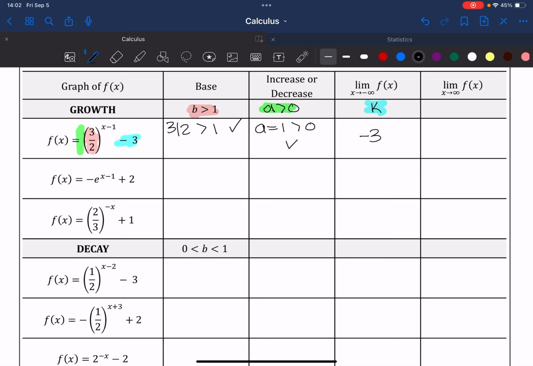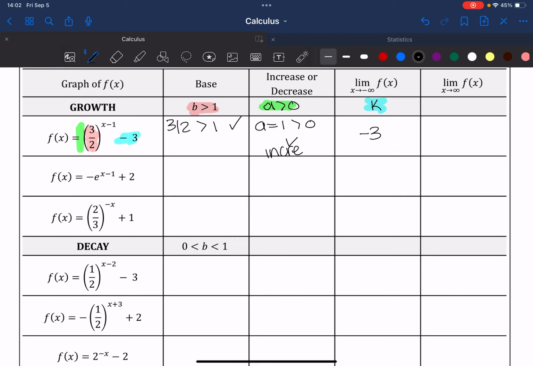And then lastly, our limit as x is approaching infinity is going to be based off if our function is increasing or decreasing. Well, since a was greater than 0, we knew that this is increasing. And since this is increasing, we know that it's going to be approaching infinity. So here, these correlate directly with each other.